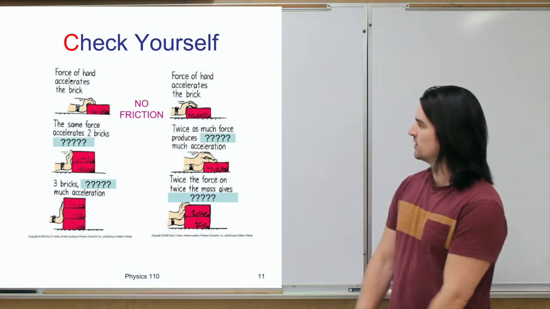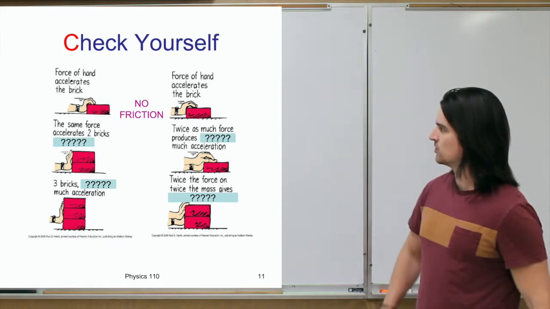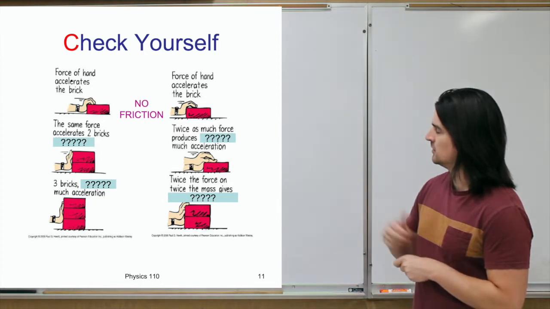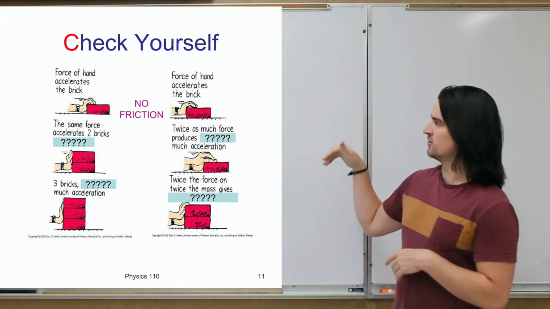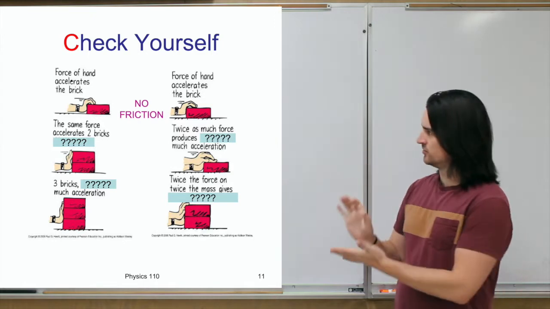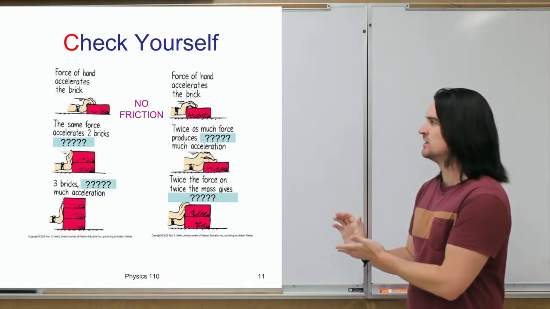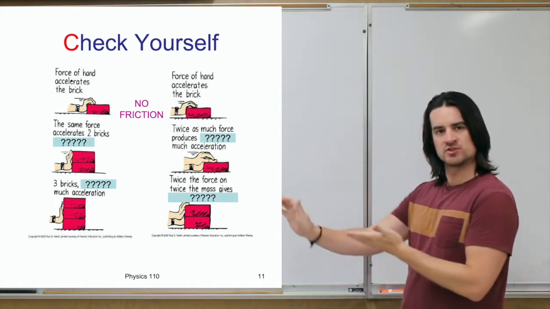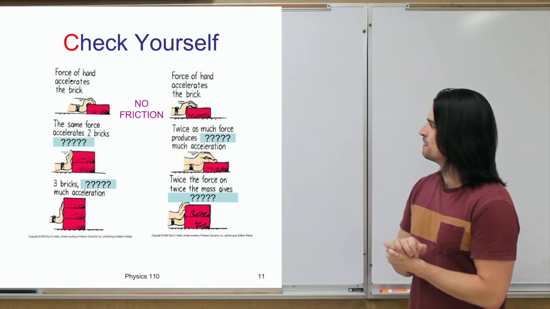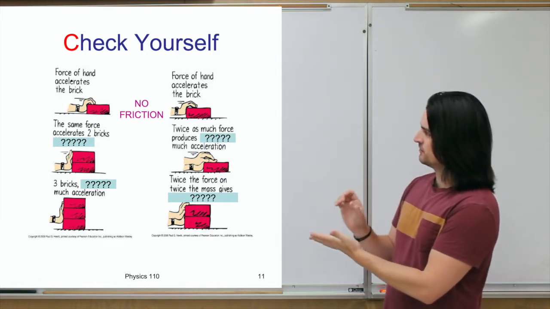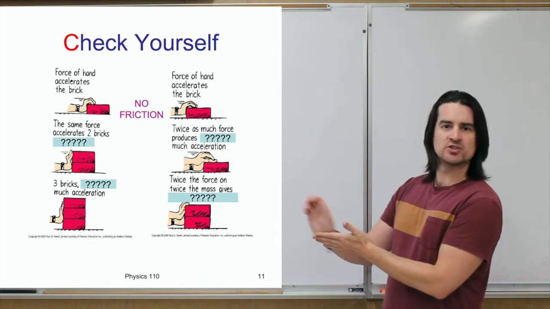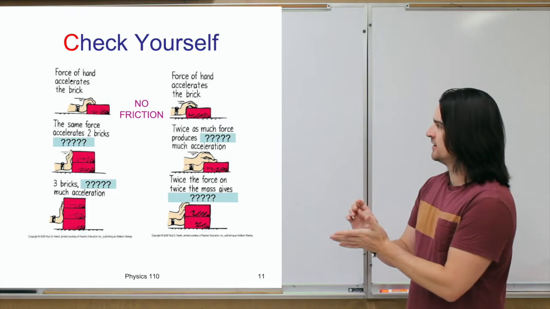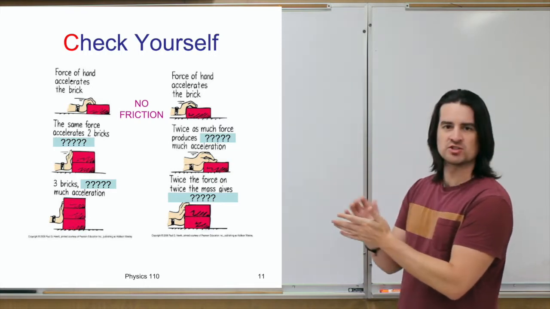Alright, so another question for you. In all these examples, we just want to imagine that there's a brick on some kind of surface, and fortunately there's no friction between the brick and the surface, so just imagine it's going to slide very smoothly, and your hand is going to apply a certain amount of force depending on what's written in each of the different options, and that force is going to accelerate the brick.